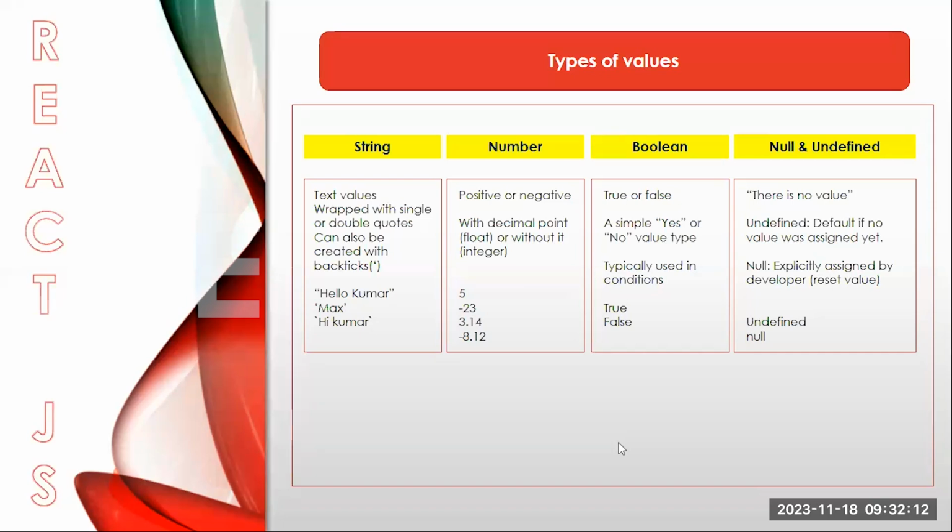Null and undefined, this is a very important thing. Most interviewers and clients ask what is the difference between null and undefined. People say that whenever we do not assign any value to the variable, it is null, and whenever we do not declare the variable, that is undefined.